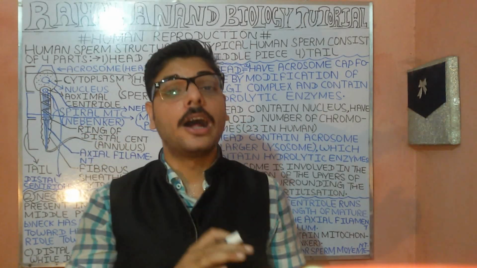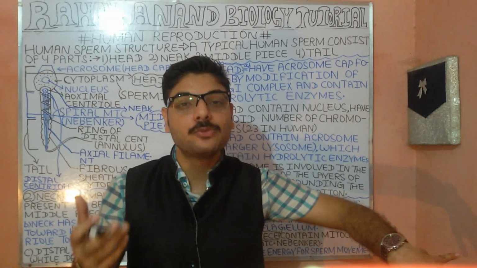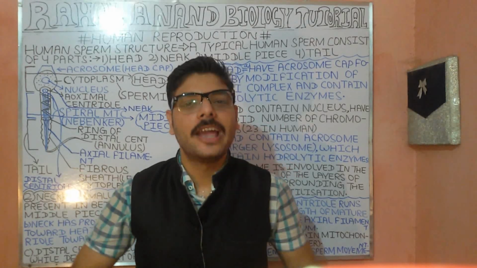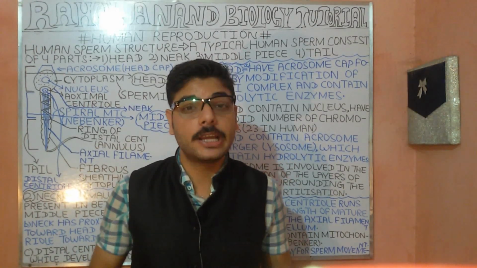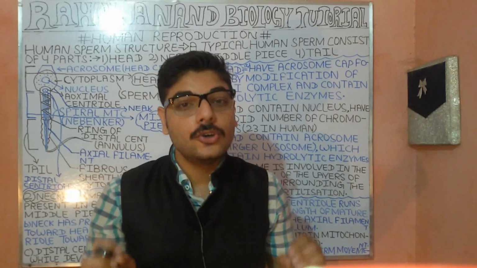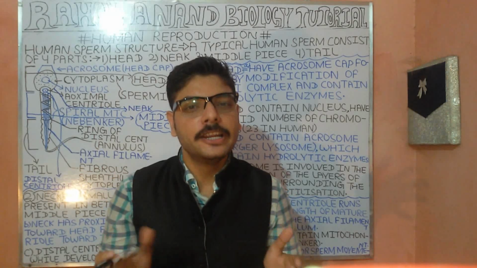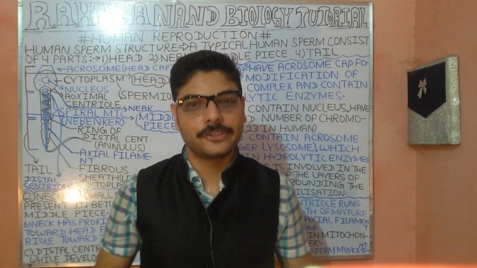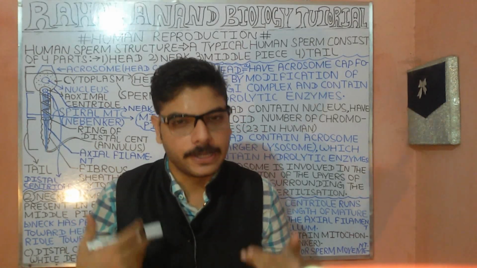The mitochondria are known as the site of aerobic respiration. Do you know what aerobic respiration is? It is the particular type of respiration which takes place in the presence of oxygen, O2.